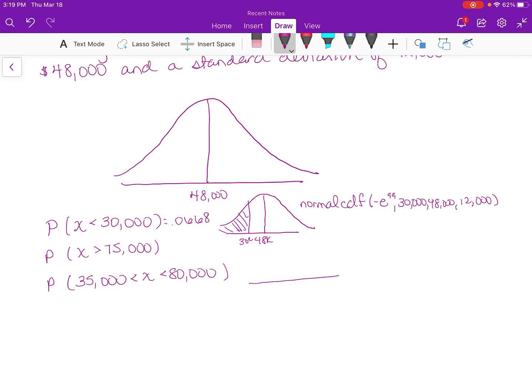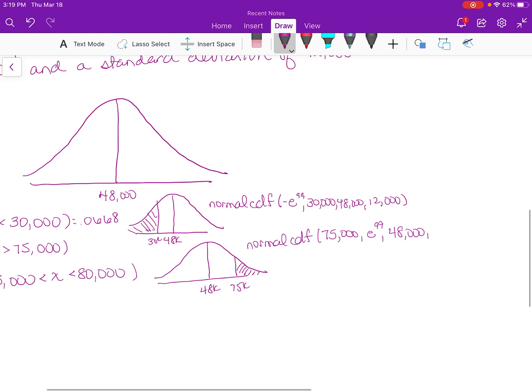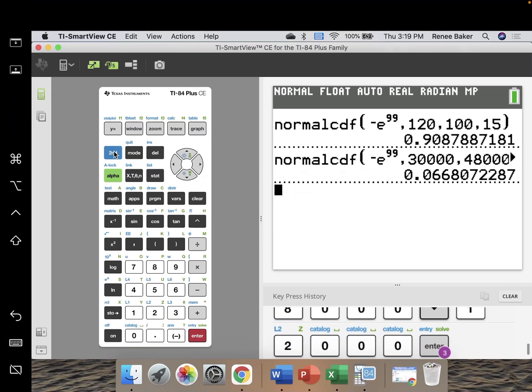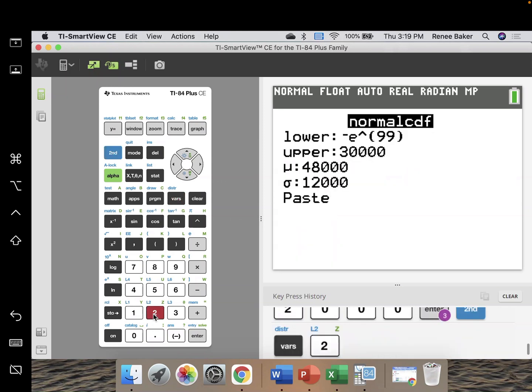Looking at the second one, the 75,000. I would use normal CDF. 75,000 to e to the 99th, 48,000, 12,000. So if I put that in the calculator, second vars 2.